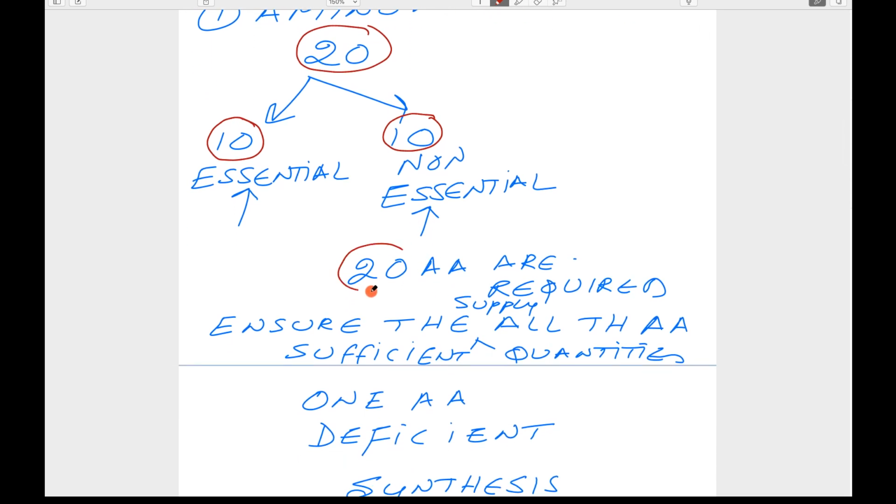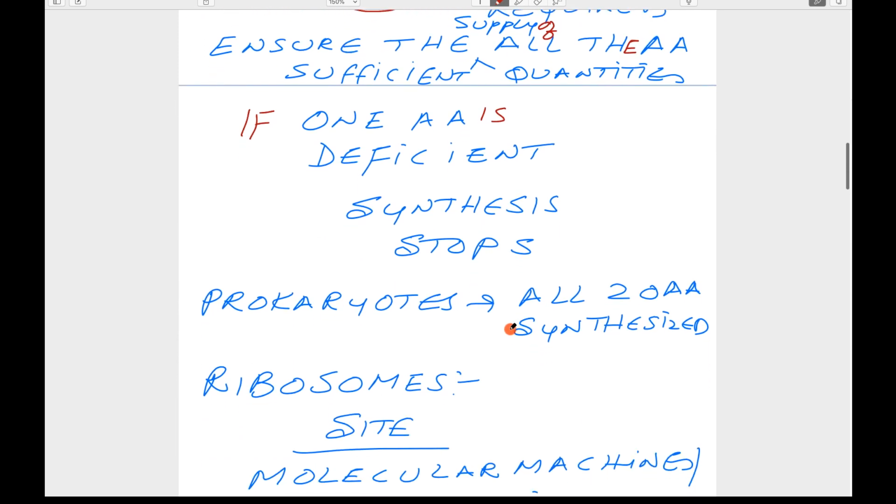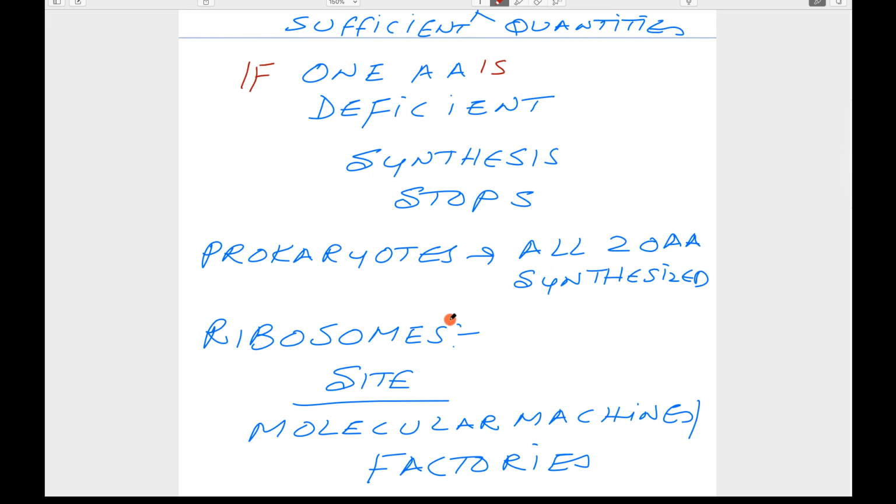All the 20 amino acids are required. Ensure the supply of all the amino acids in sufficient quantities. If one amino acid is deficient, then synthesis stops. All the 20 amino acids in adequate quantity must be present in the eukaryotic system. In the prokaryotes, all 20 amino acids can be synthesized, so there are no issues like that.